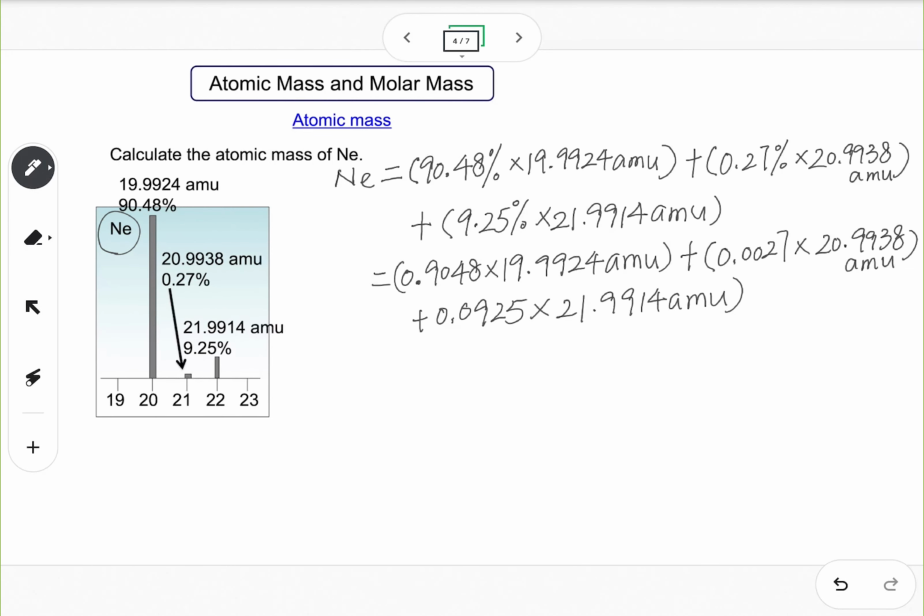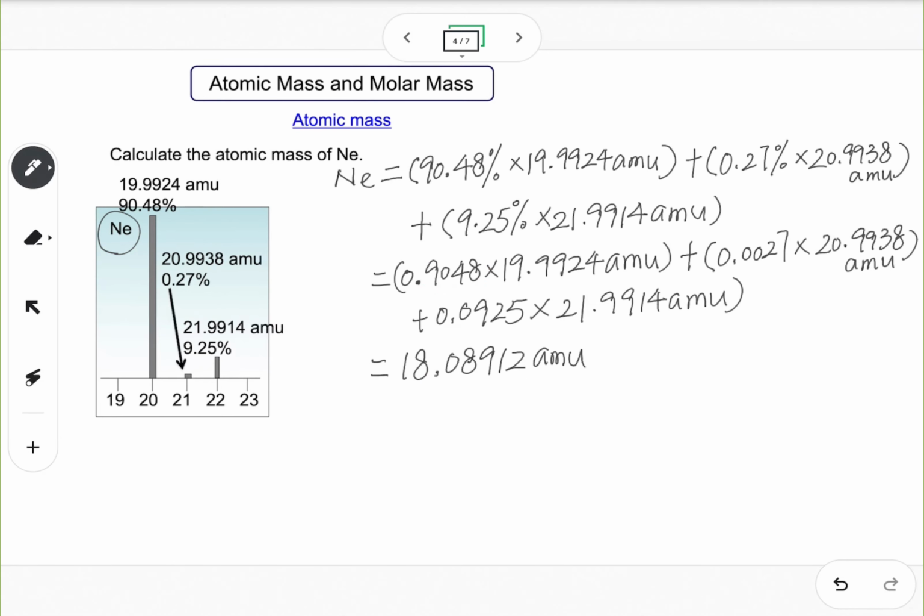Now what you need to do is just do the calculation step by step. For this part, it gives me this answer, 18.08912 AMU. Now significant figures: 4 significant figures, and this one has 6, so this intermediate answer should have 4 significant figures.